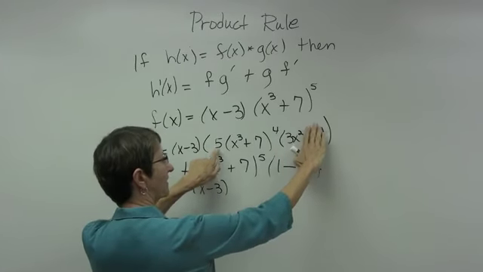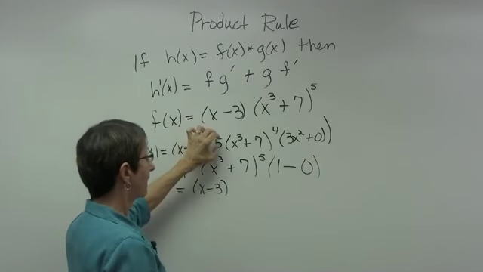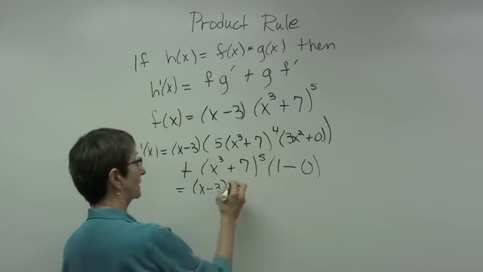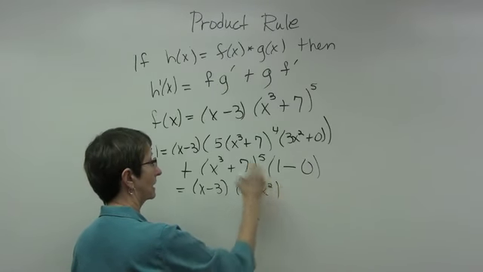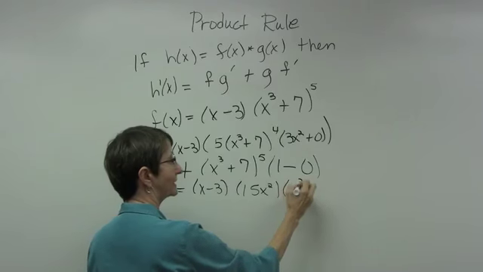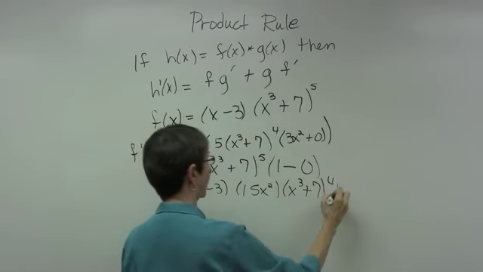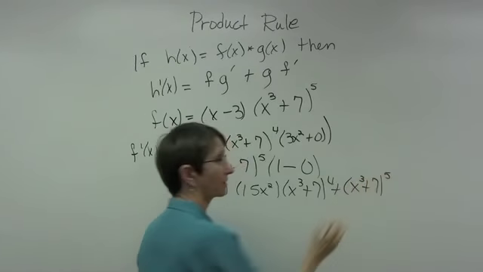And if you look at the 5 and the 3x squared, I can multiply those because it's 5 times that times 3x squared, which would give me 15x squared. And then x cubed plus 7 to the 4th. And then it's just plus x cubed plus 7 to the 5th.